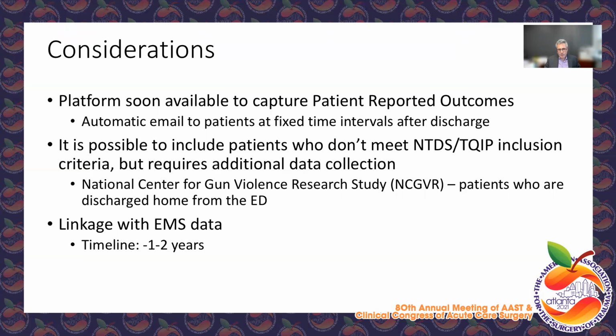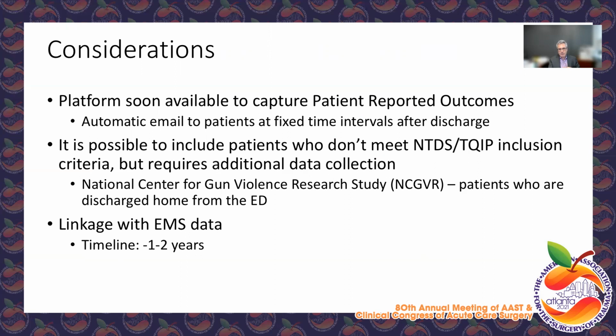So a couple of new things that are coming up. First of all, we actually have a platform that we're creating to capture patient-reported outcomes. So in this sense, the incremental data collection might be email addresses or contact information. We have this really now created for email addresses.